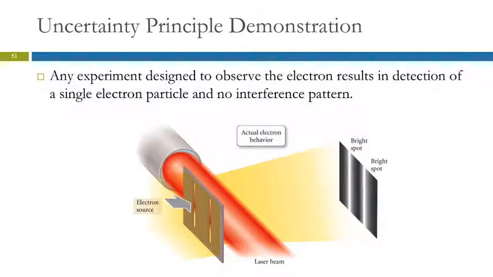So if we take this double slit experiment with the electrons and shine a laser beam across so that we can see which slit the electron's going through, we force it to act like a particle, and then we see two bright lines instead of the interference pattern. You turn off the laser so that you can't tell which slit it's going through, and you get the interference pattern back.